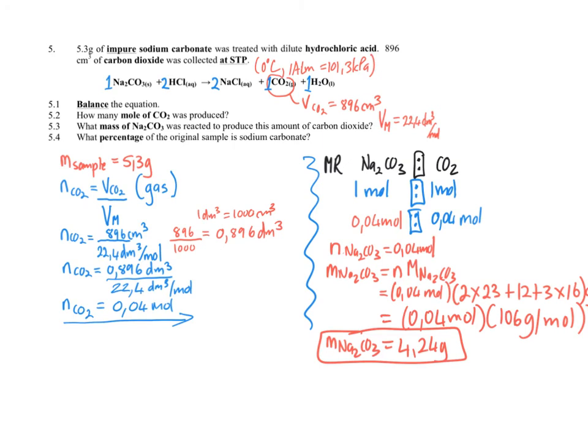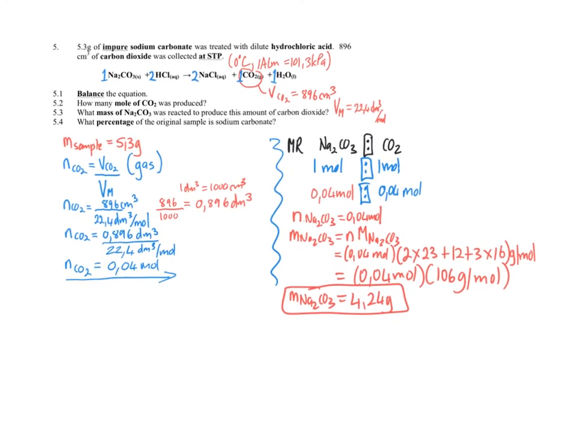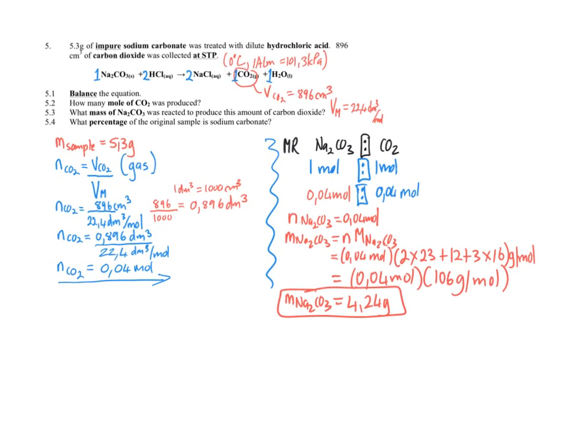So using that, we can now work out the percentage purity. So we can say that the percentage purity of sodium carbonate in that sample is the mass of sodium carbonate over the mass of the sample, which would obviously include the impurity, times by 100%.